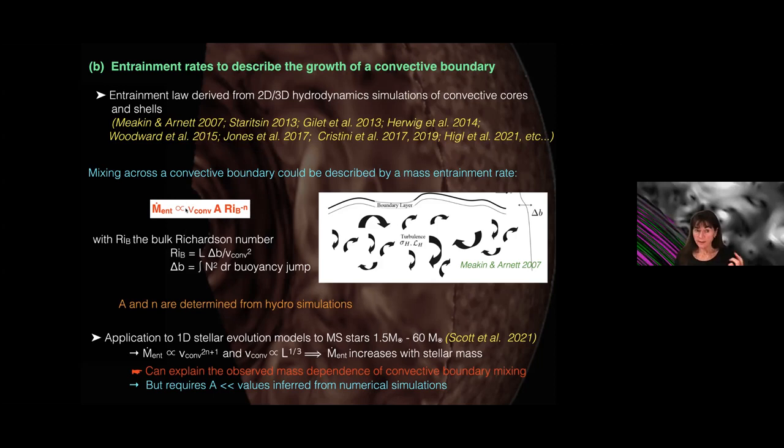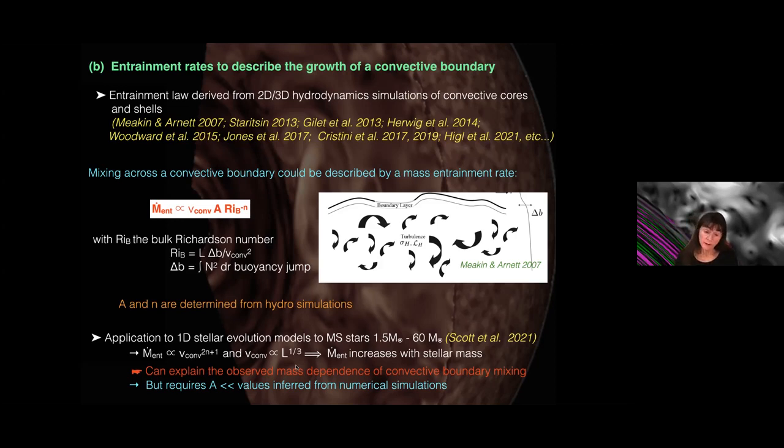What is interesting is that the entrainment rate, as defined here in red, will depend on the convective velocity. And as I told you, the convective velocity depends also on the luminosity. Therefore, because convective velocity increases with luminosity, and because luminosity increases with stellar mass, the entrainment rate will increase with the stellar mass as well. And this type of relation can explain the observed mass dependence of convective boundary mixing.